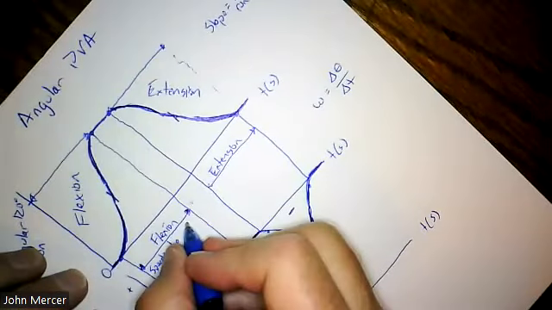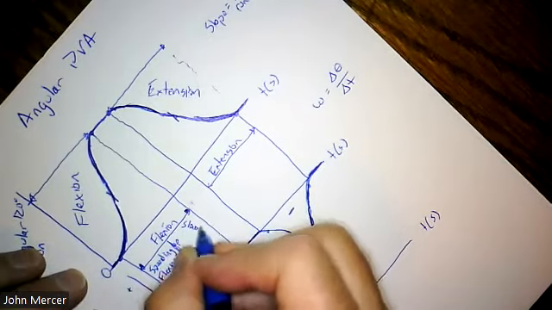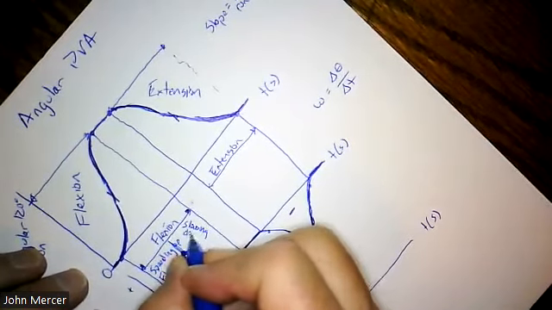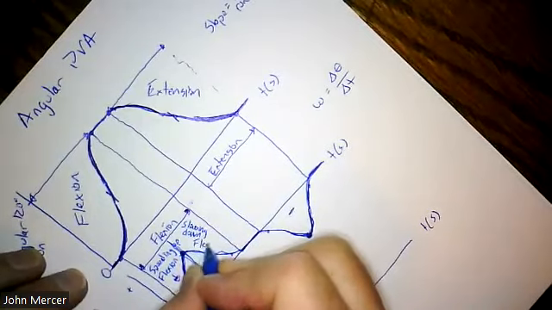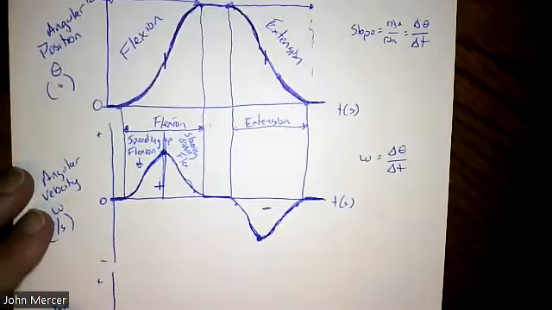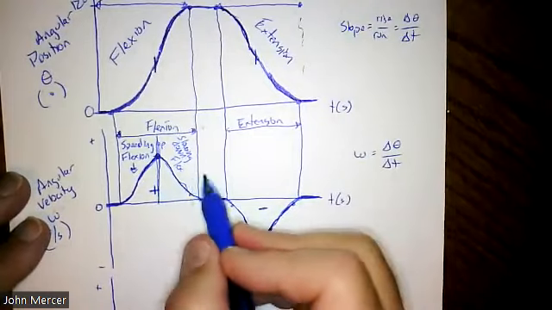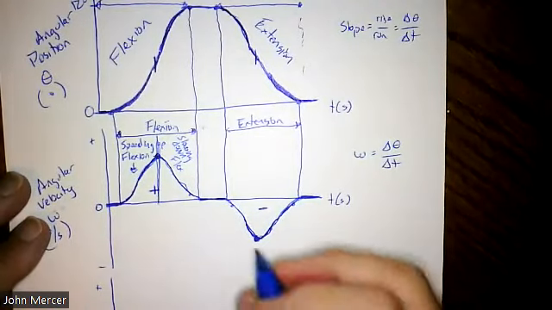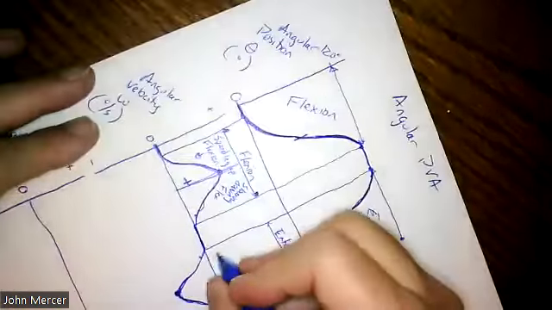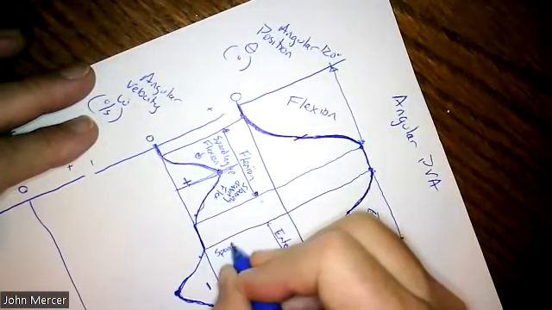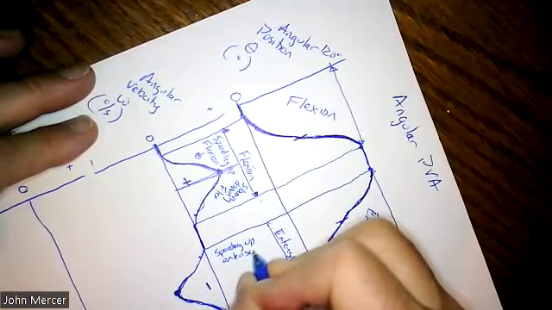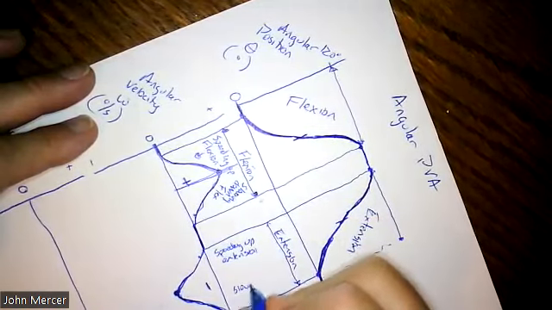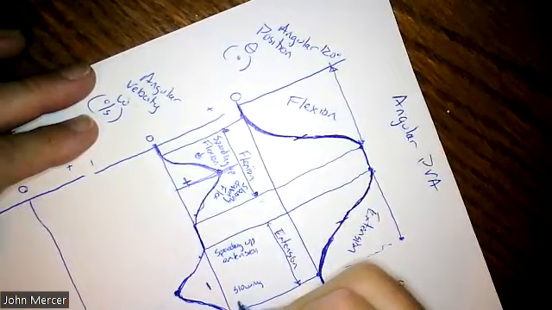This region is going to be slowing down through flexion. So we're still going through flexion, but we're slowing down, okay, in this region. In this region, speeding up. And same thing here, we have speeding up through extension, and then we have slowing down through extension.